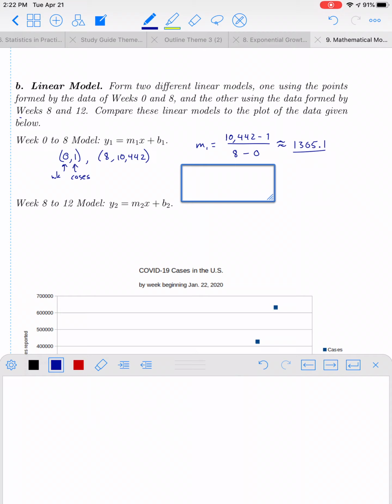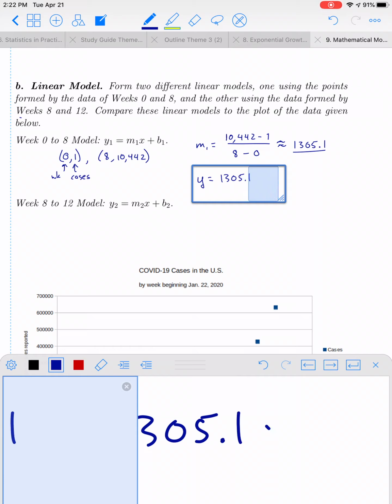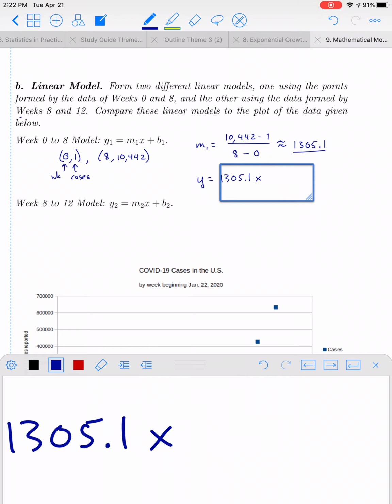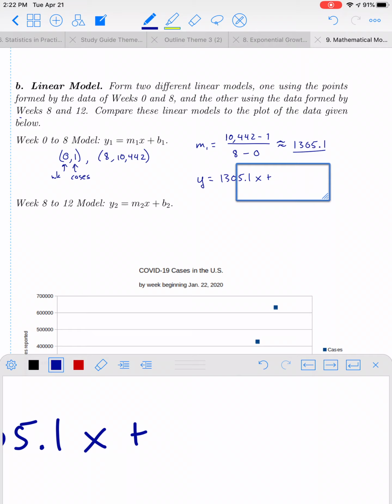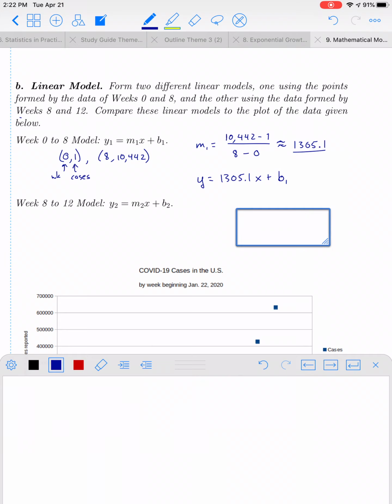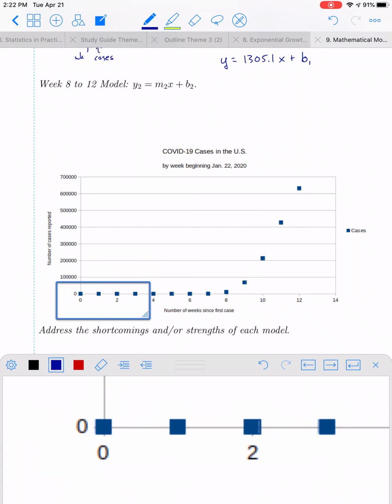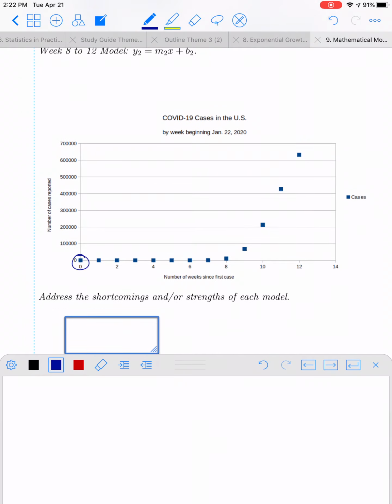Now this is our slope. y is equal to 1305.1x, just like t in our exponential models, x will just be a variable, plus b1. The last thing we need to figure out is b1, our y-intercept. Our y-intercept occurs when x is equal to 0, when we're down here at this end of the graph.